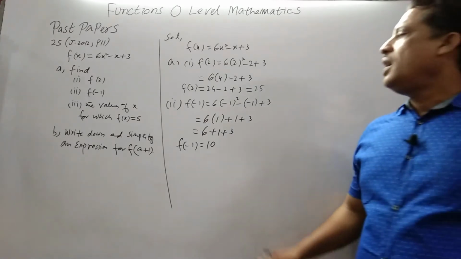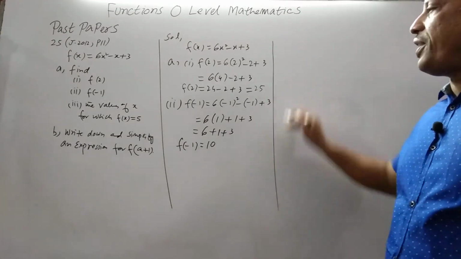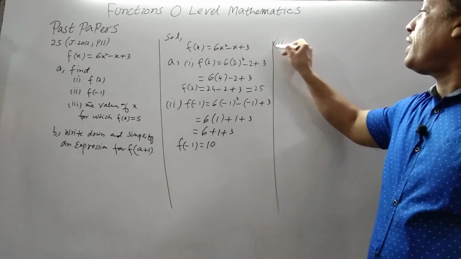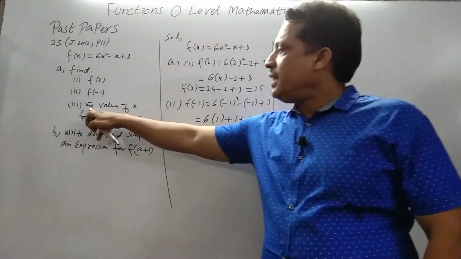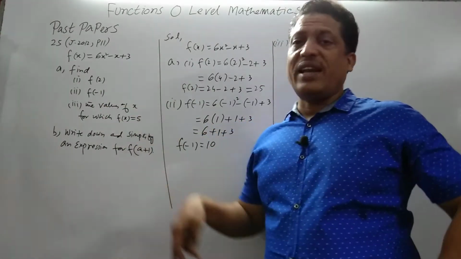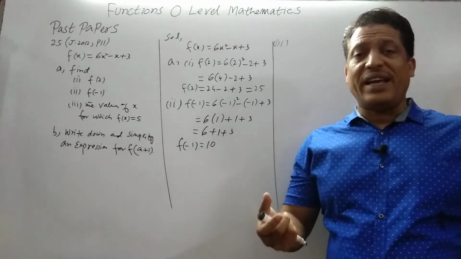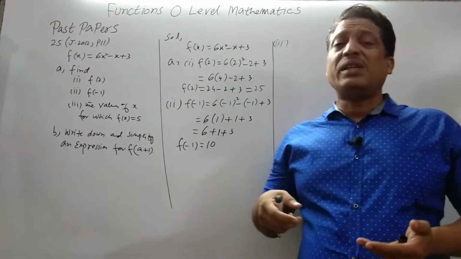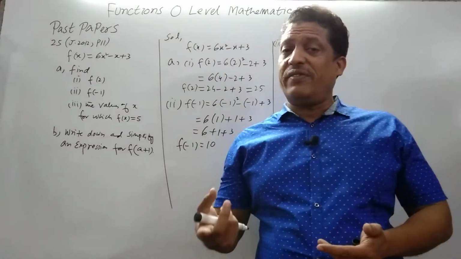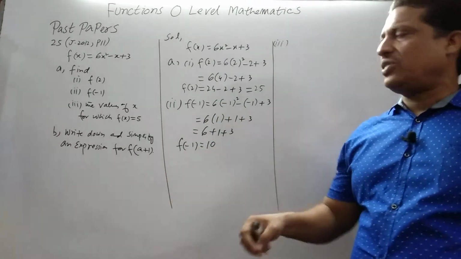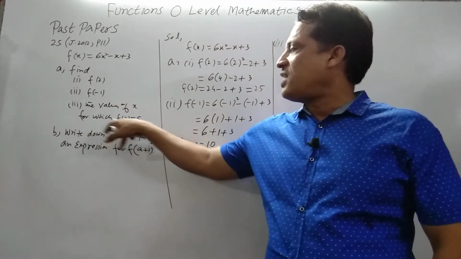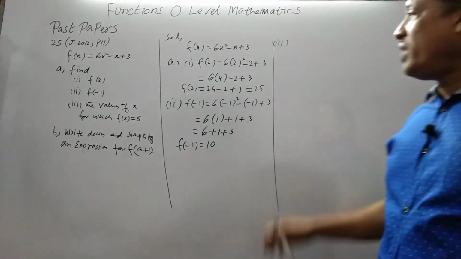I hope you understand how we find the value. Next is part number 3: find the values of x. Whenever you see the word values, it means the plural of value. The values of x means there should be more than one value, so it's a hint in the question. The values of x for which f(x) is equal to 5.